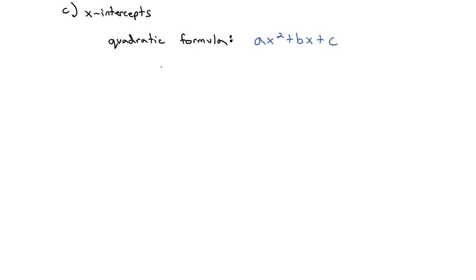And it says that the x-intercepts are when x is equal to the opposite of b plus or minus the square root of b squared minus 4ac all over 2a. Now that's a complex looking formula, but it is one that helps us find the x-intercepts of any quadratic.